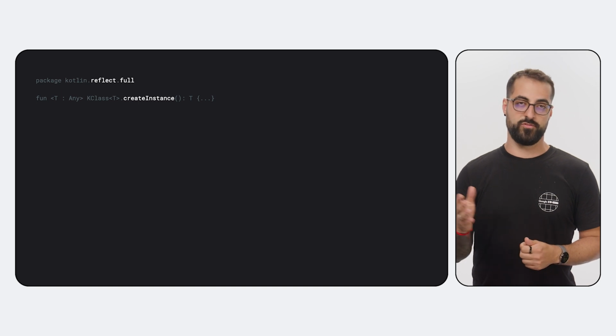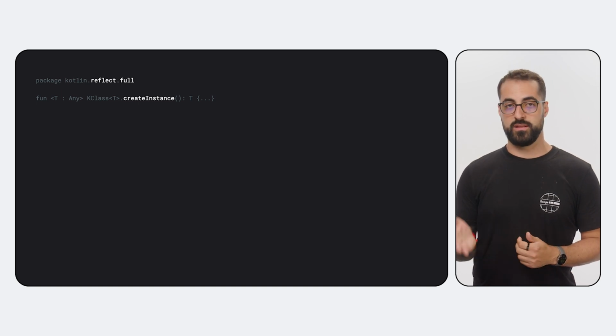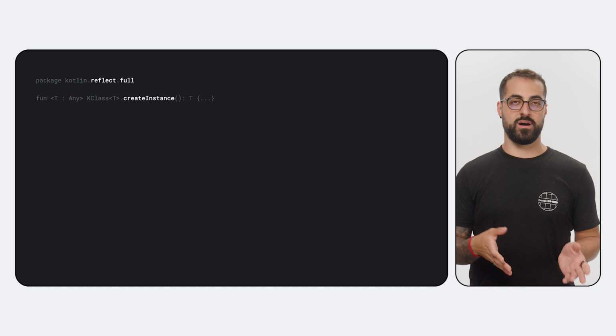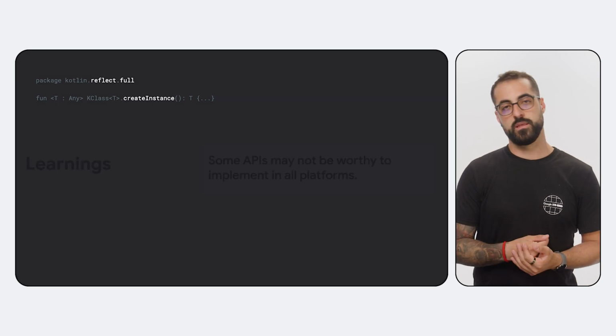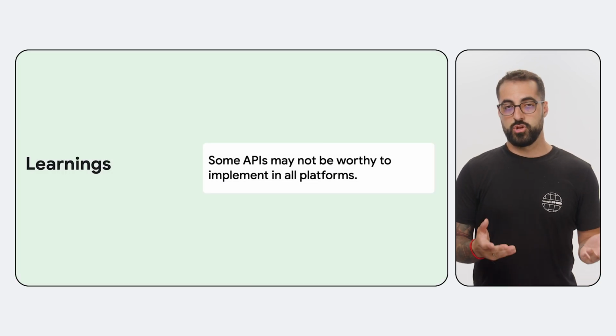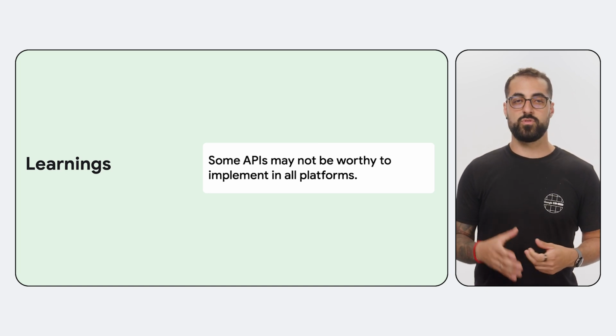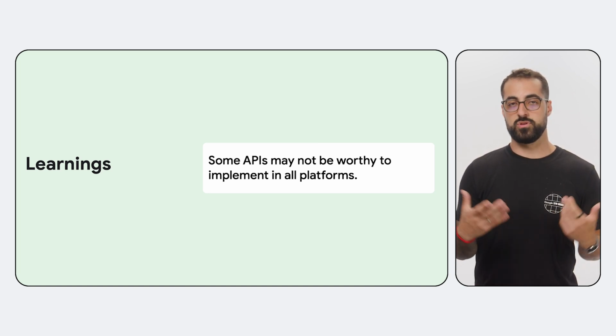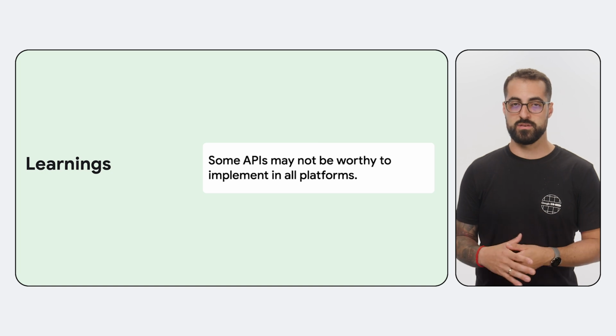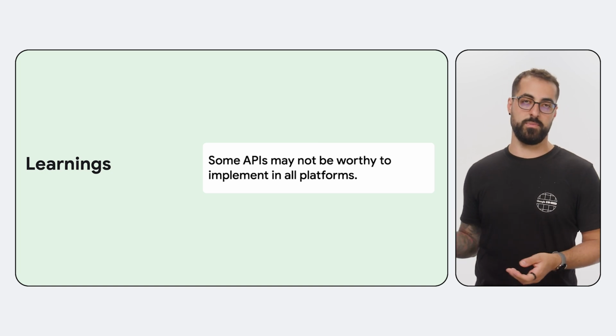That is kotlin-reflect. But Kotlin full reflect is a large dependency for our lightweight library, Lifecycle. The learning here is that not all APIs are worth implementing on all platforms. It's fine to reconsider features that may introduce performance issues, increase binary size, or other issues when converting to KMP.